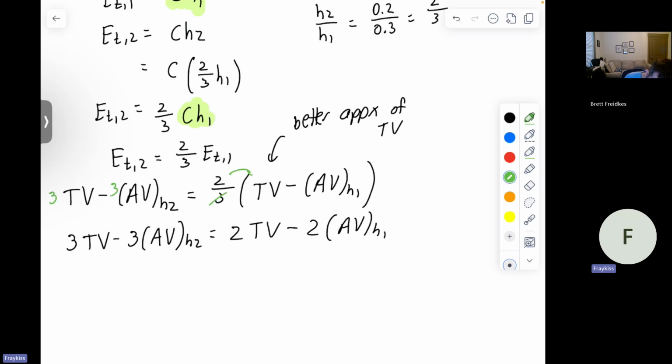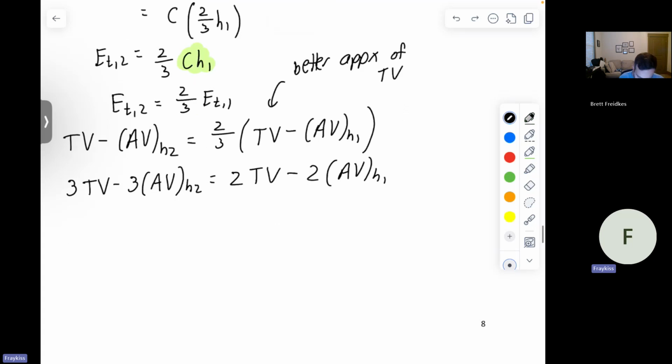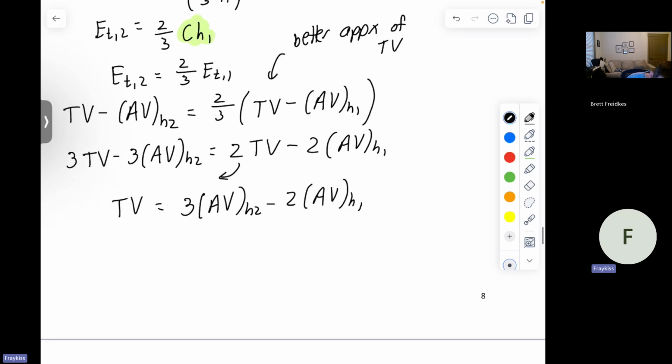And then I can distribute that 2 to both those terms to get that equation that I just wrote. And now all I have to do is some algebra. I can subtract this 2 TV to the other side. That'll give me TV is equal to 3 times AVH2 minus 2 times AVH1.